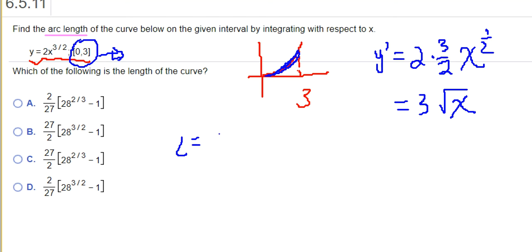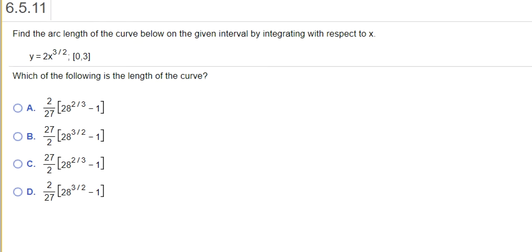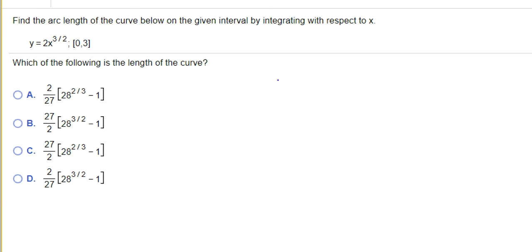So according to the formula, the L is going to be from, let me clean the screen. I need space to show you the calculation. So the length will be the integral from 0 to 3, square root of 1 plus the derivative of y squared.